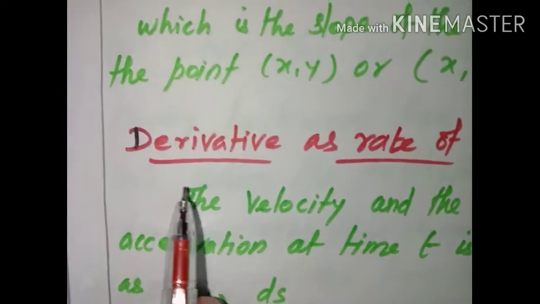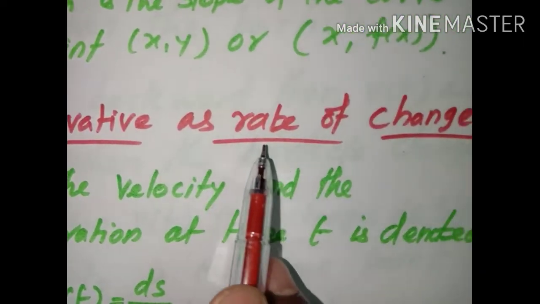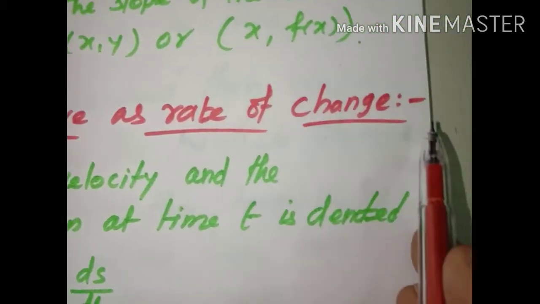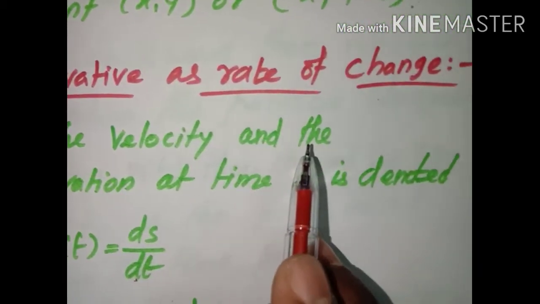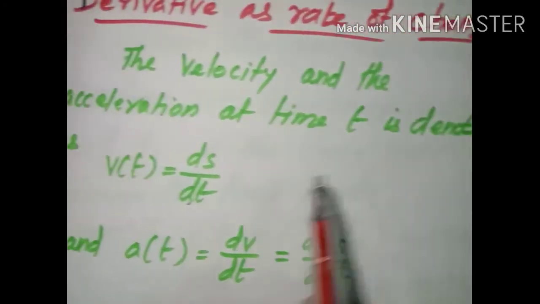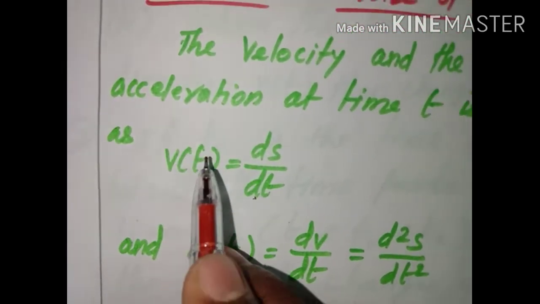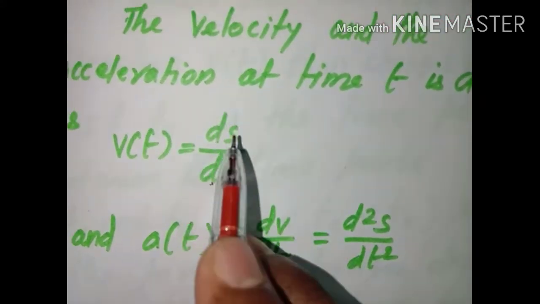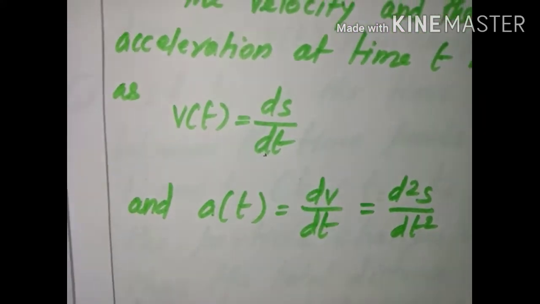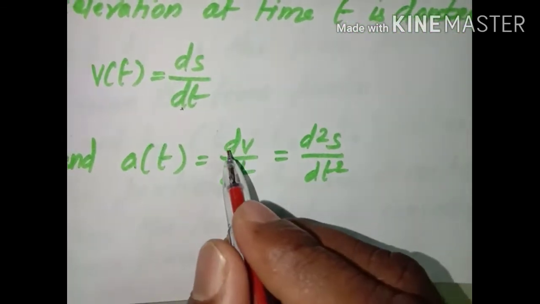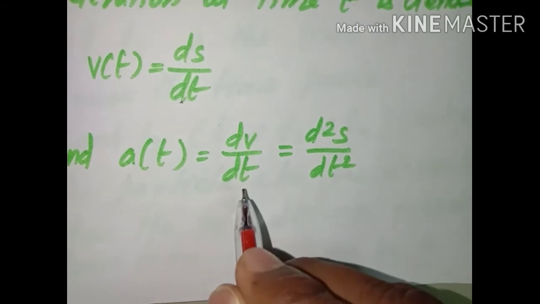Next topic, derivative as rate of change. The velocity and the acceleration at time t are denoted as velocity v of t equal to ds divided by dt, and acceleration a of t equal to dv divided by dt.